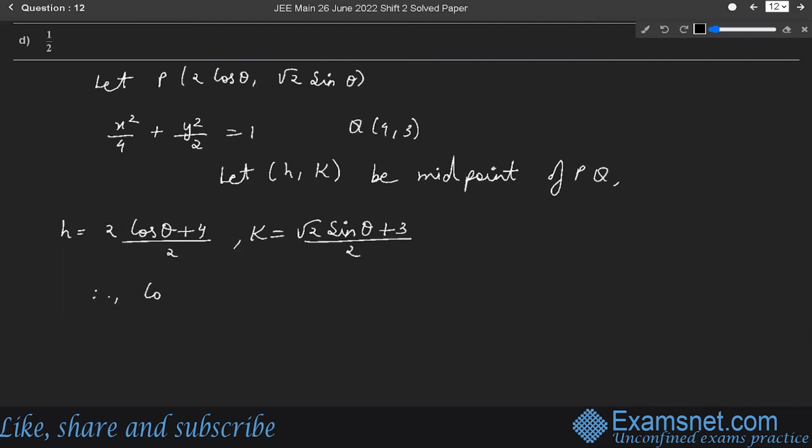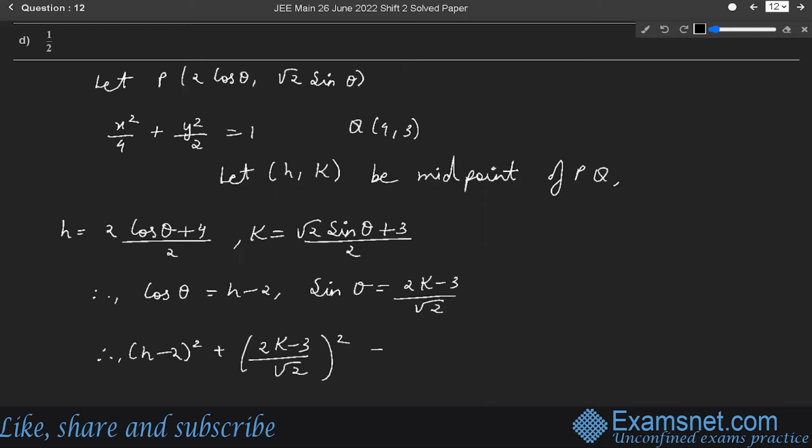Therefore, we can say that cos theta will be equal to h minus 2 and sin theta will be equal to (2k minus 3) divided by root 2. Therefore, (h minus 2) whole squared plus ((2k minus 3) divided by root 2) whole squared will be equal to 1, because we know that sin squared theta plus cos squared theta is always equal to 1.